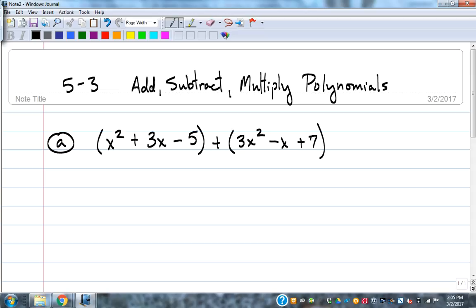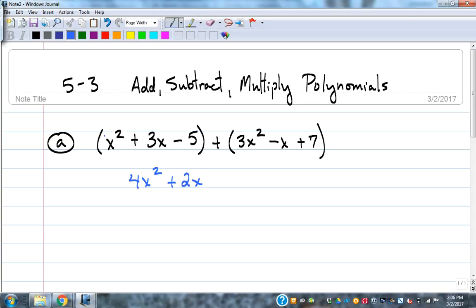Here we got a couple of quadratic polynomials. How do you add those two things together? What gets put together? What are they called? Like terms. That's all the adding and subtracting is. It's just like terms. So we're adding the like term. So the like term with x squared would be plus 3x squared. So that's 4x squared. 3x plus negative 1x would be 2x.